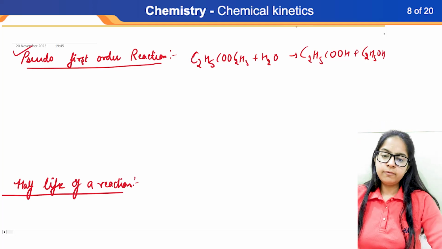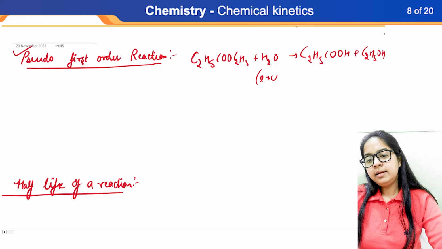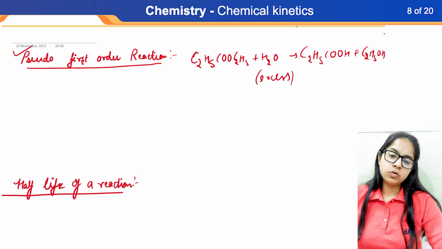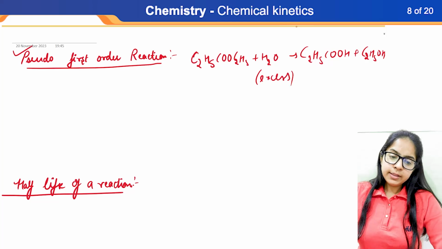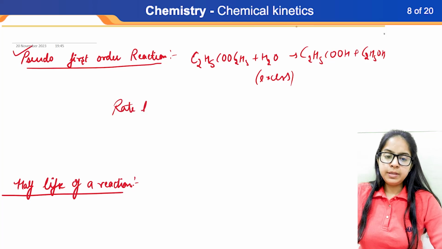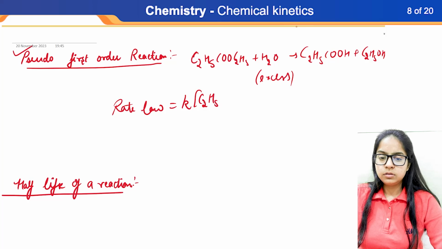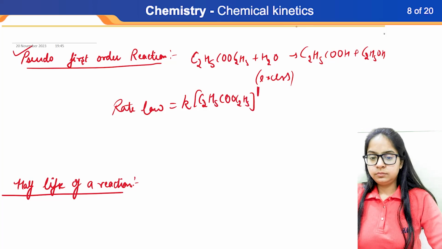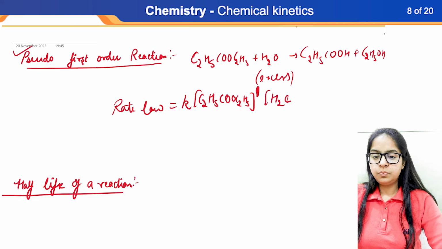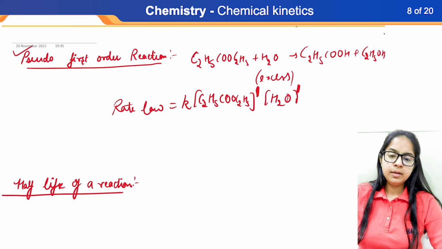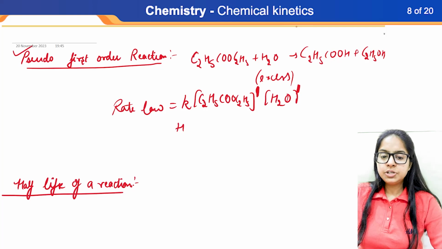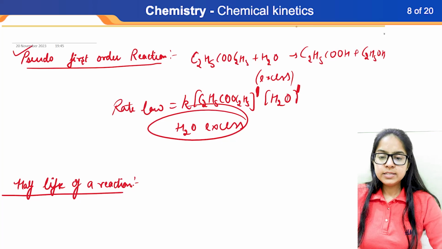suppose my water is in large excess like a drop in an ocean. We think that rate law should be K [ester] H2O power 1. But it is not H2O because of its large excess.